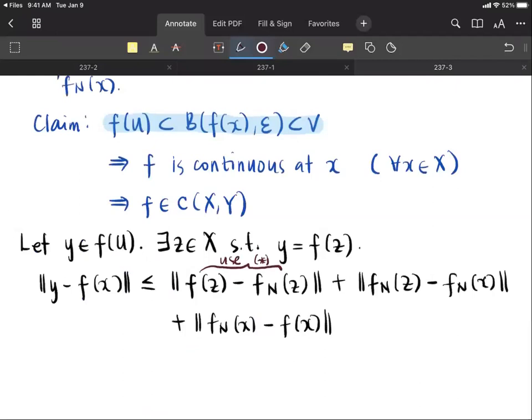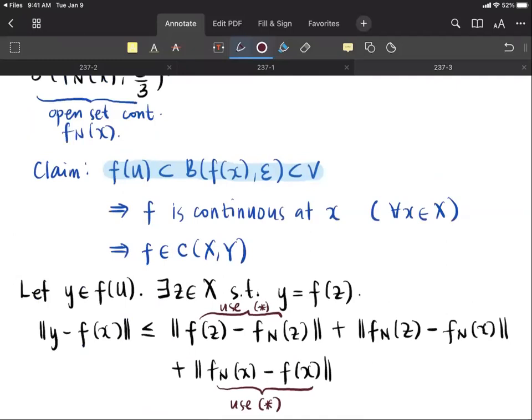And here we also use star, of course, after applying a symmetry. And take note that this one, f sub n of z, is an element of f sub n of u. Why?